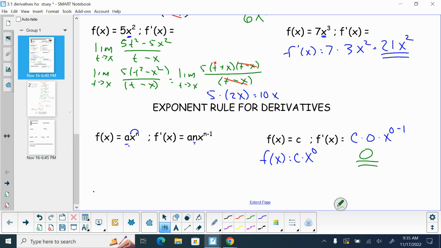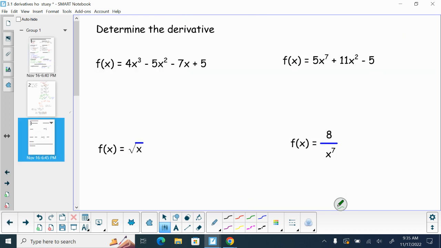The goal is to get it in this form, a x to the nth power. So if I have a polynomial function and I want to find the derivative, we can find it using the exponent rule on each individual term.